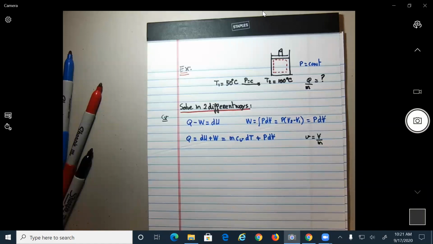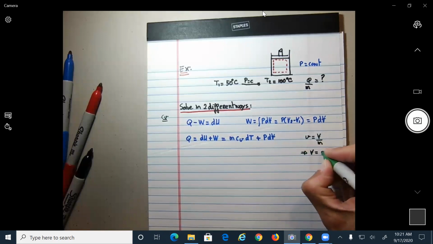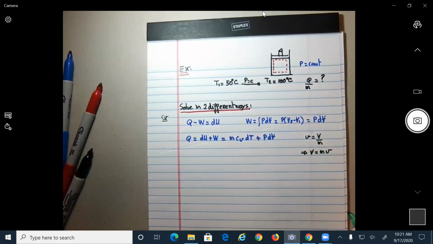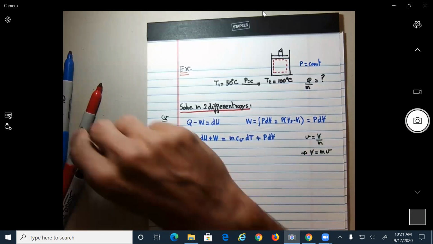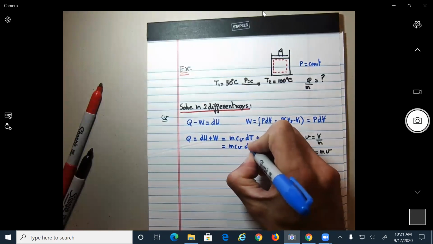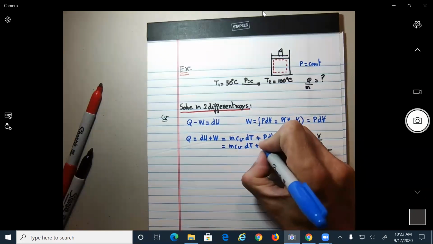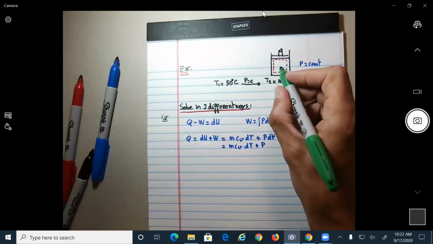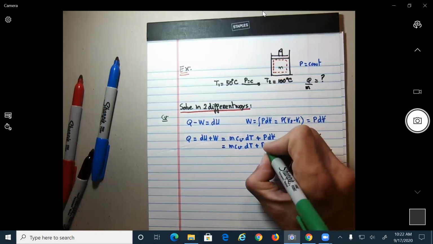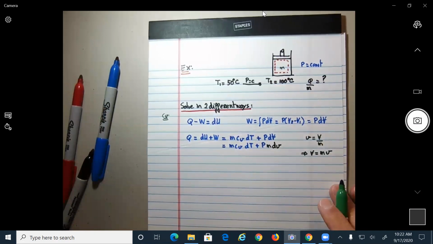Okay, so you remember specific volume is volume over mass. So what does that mean? That we could take this equation to write volume equal to mass times specific volume, no? So that means that I could rewrite this term. This would be equal to m Cv dT plus P, and now m is constant because the mass of this system is constant, but what will be changing is the specific volume, dv.